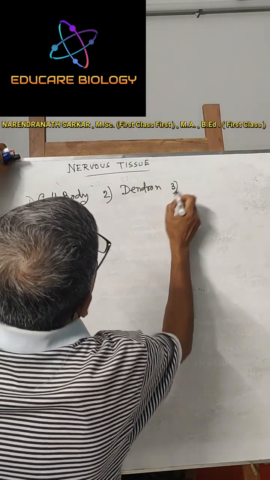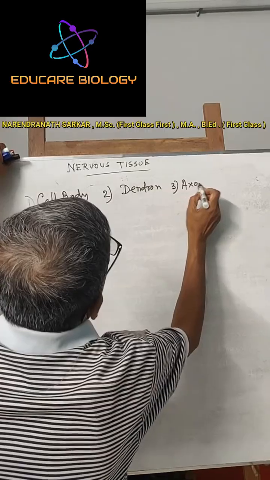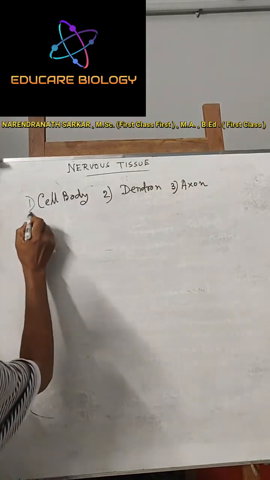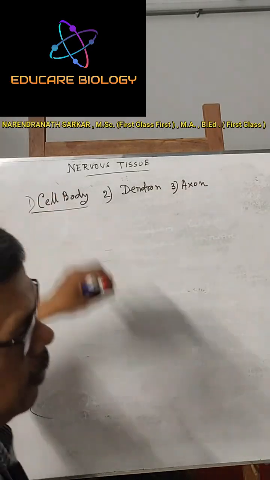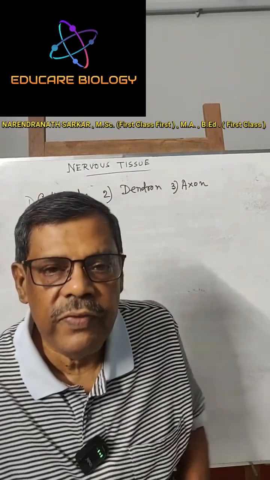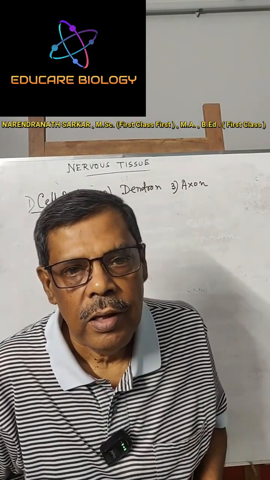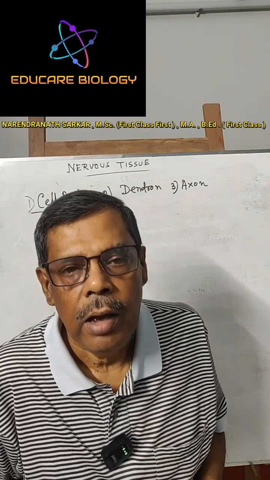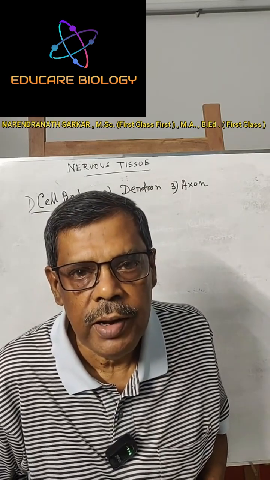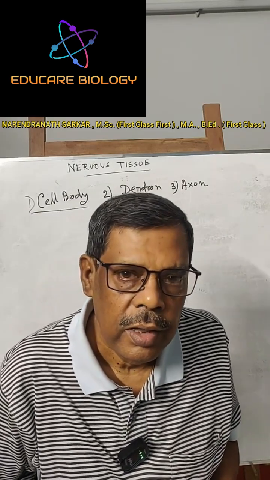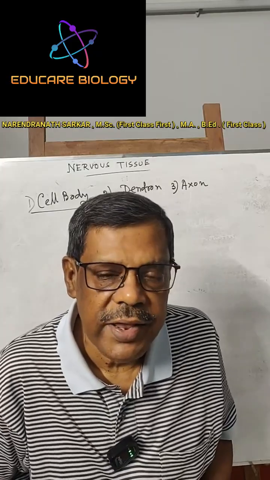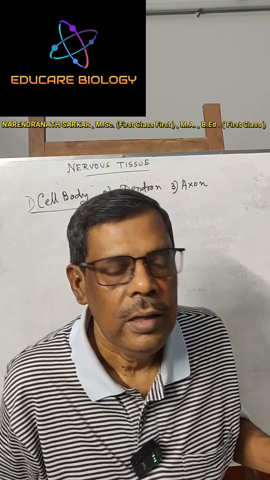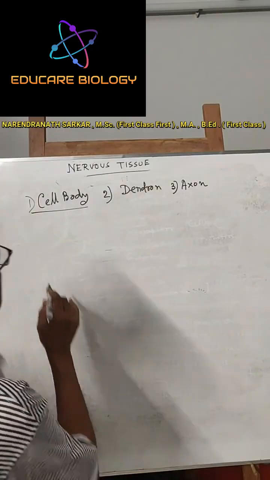Three, axon. The cell body is the main part, which has the nucleus, Nissl bodies, mitochondria, Golgi bodies, neurofibril, microtubule, RER, etc. This is the main body.